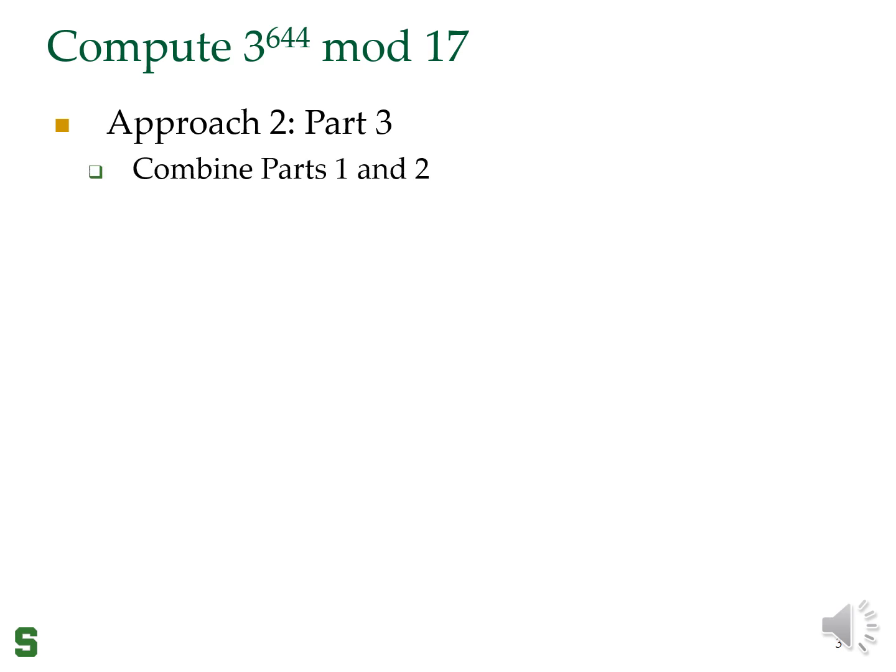Part 3 is going to combine parts 1 and 2. So 644 was written as 512 plus 128 plus 4. So that means 3 to the power 644 is going to be 3 to the power 512 times 3 to the power 128 times 3 to the power 4.